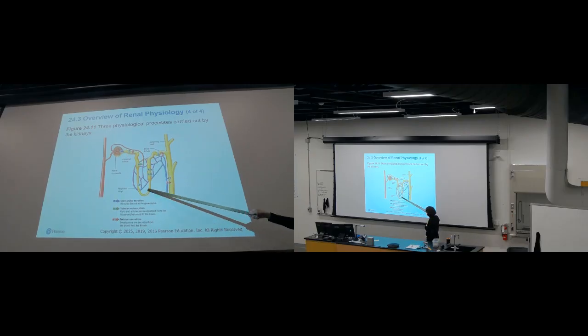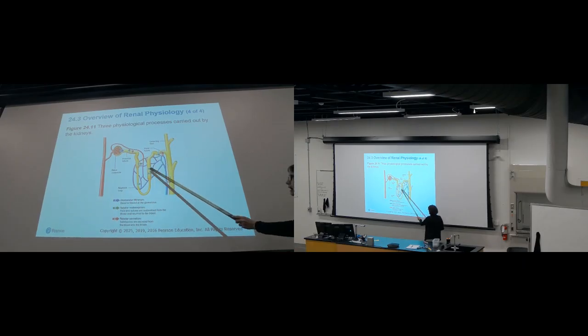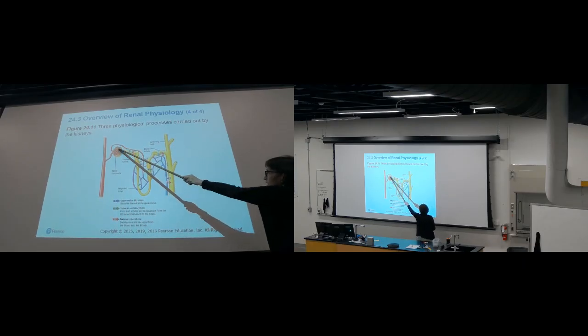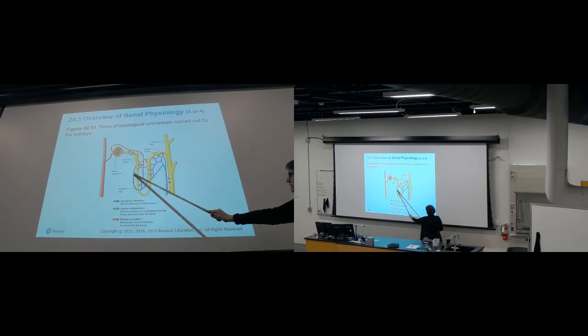And then here in the loop of Henle, mostly you reabsorb. And then in the DCT, mostly you secrete from the peritubular capillaries into the lumen of the DCT, and you reabsorb very little. Up to this level, the fluid here you call filtrate.